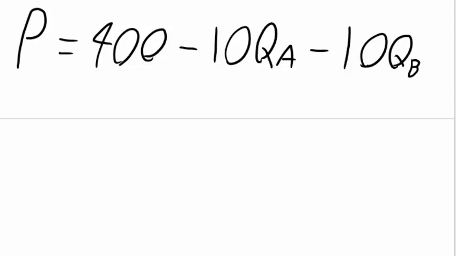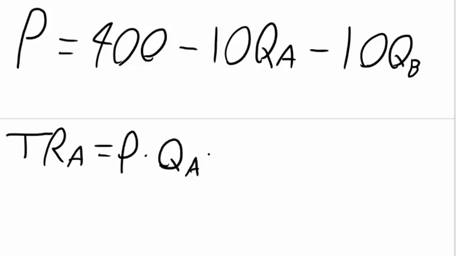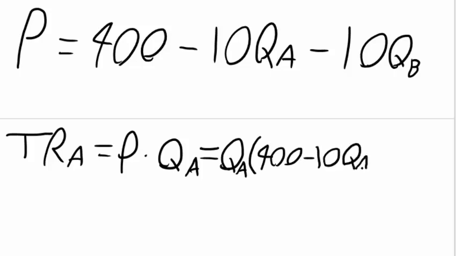And we want to get marginal revenue for both firms to set them equal to the marginal cost for both firms. So we need to find marginal revenue A and marginal revenue B in order to profit maximize. Starting with marginal revenue A, we would want to find the total revenue of A first, which is P times QA, and that equals QA times our price function of 400 minus 10 QA minus 10 QB.